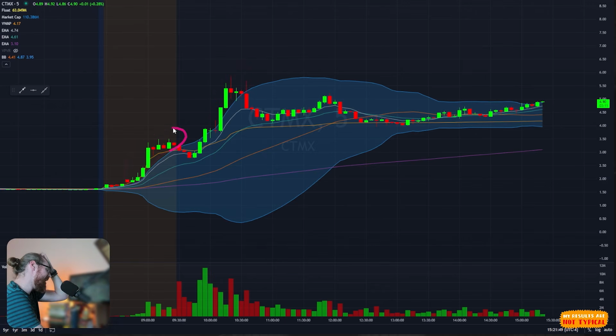Now, there's a saying that they can remain irrational longer than you can remain solvent. So just because the price is starting to break outside the top of the Bollinger Bands doesn't mean you should sell or go short. It just means that we are getting extended, and the likelihood and the probability of a retracement and a reversal is now increasing.